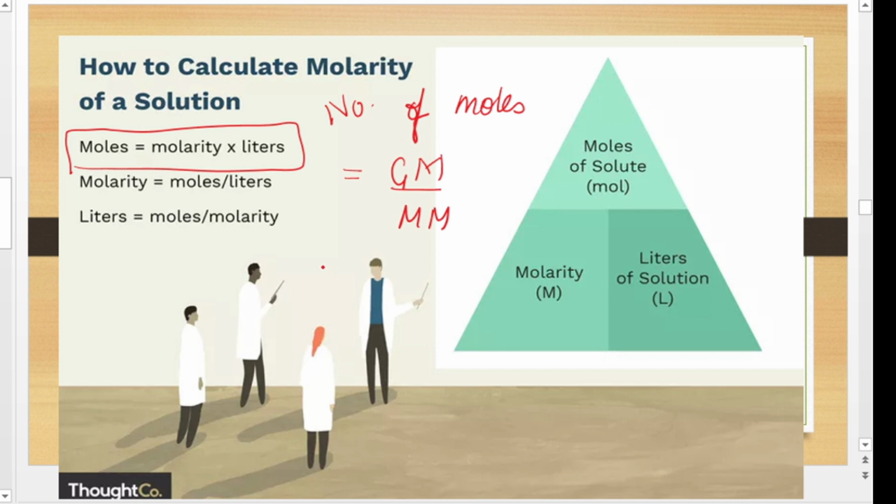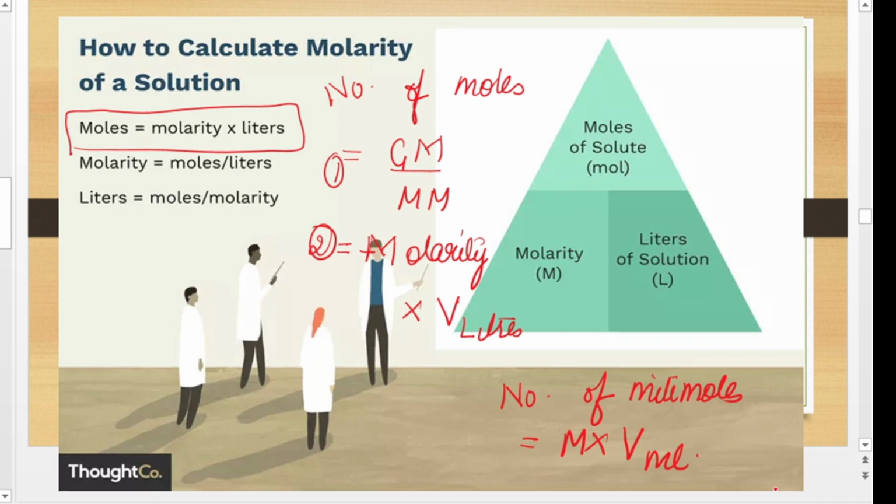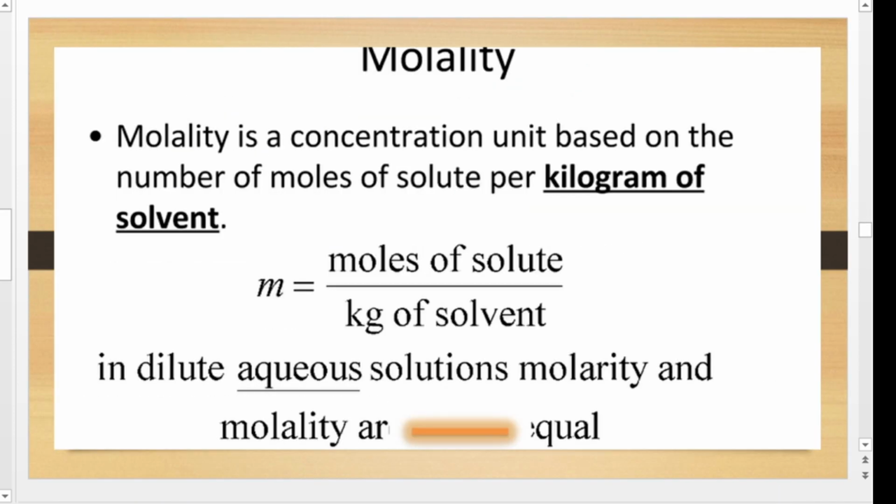The other formula we can use is molarity into volume, but we have to remember volume has to be in liters. Supposing you are putting volume in mL, then we can say number of millimoles, and that will help us in our calculations for application, which we'll do later on.